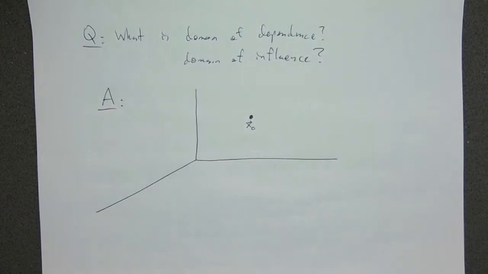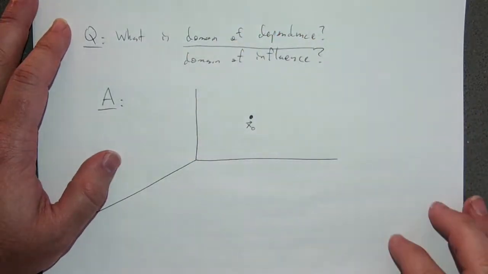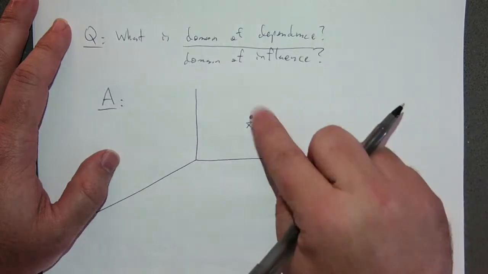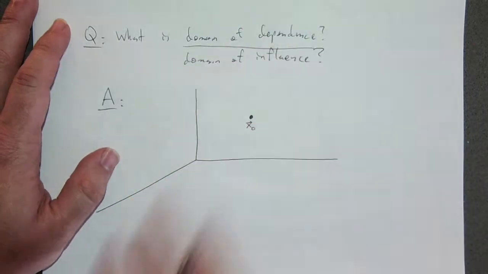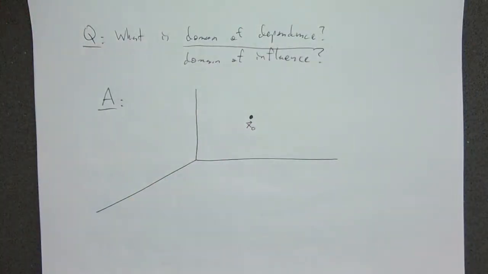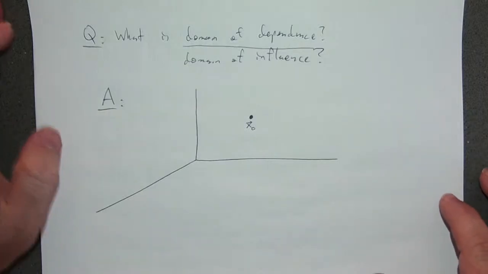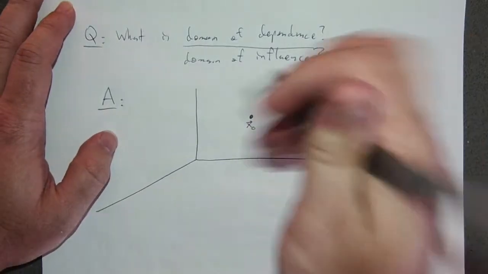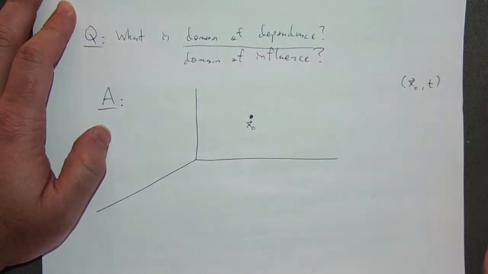So I want to ask the question that I asked when I had D'Alembert's formula in the 1D case. I'm at a point here, at some time. I can't indicate the time axis here, I'd need another dimension, it'd be 4D, so I'm not going to do that. My time here is indicated by some t.